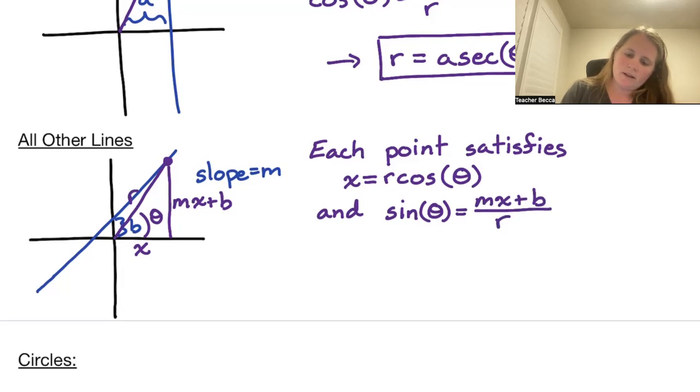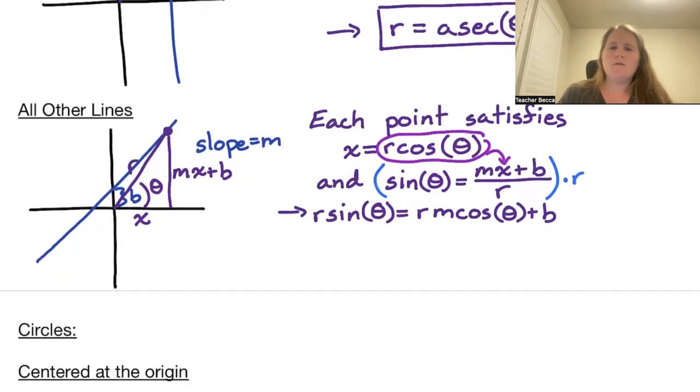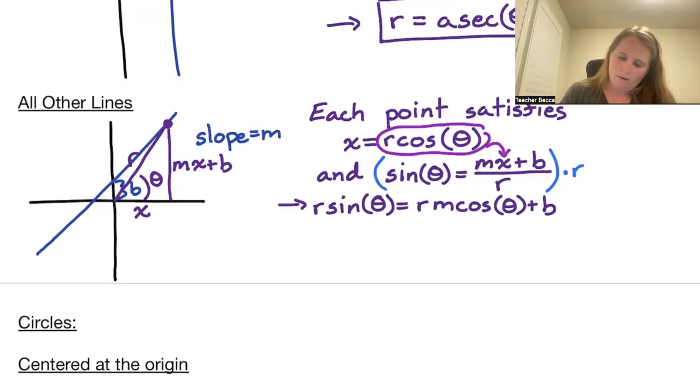So if we plug in that r cosine theta for our x, and then multiply both sides by r, this becomes r sine theta is equal to r times m cosine theta plus b.